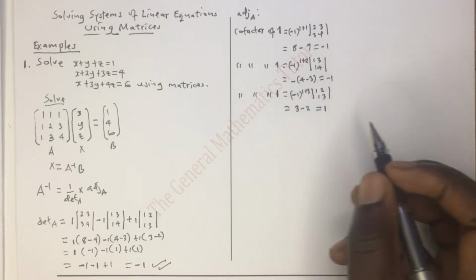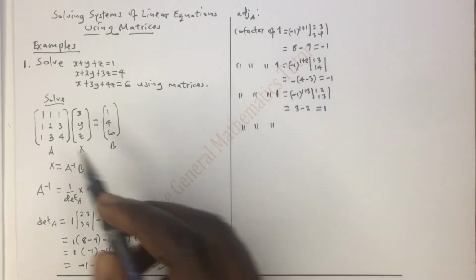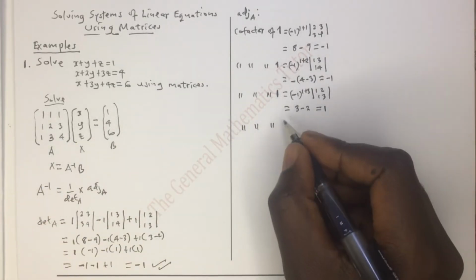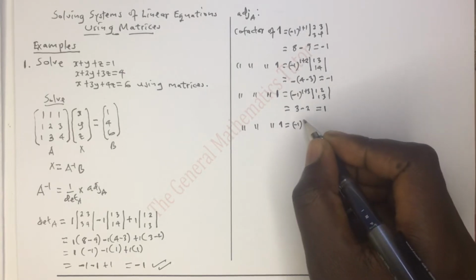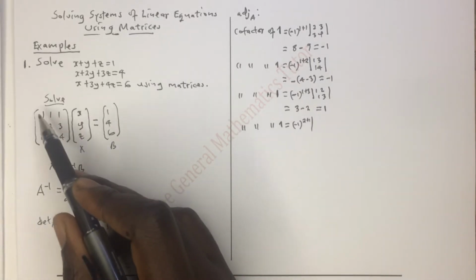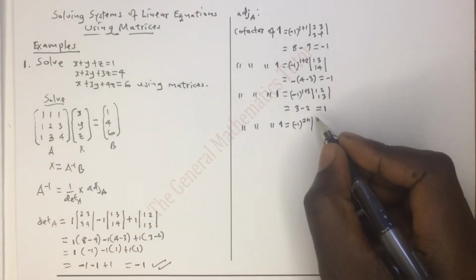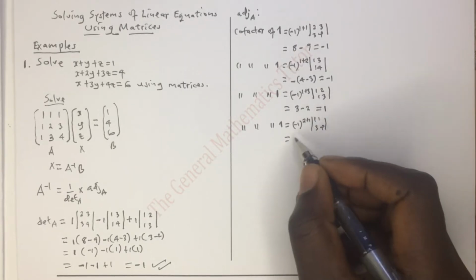Then from there, we are going to look for the cofactor of the next element, which is 1. So 1 is in row 2, column 1. You cover its row and its column, you're left with 1, 1, 3, 4. This is odd, the negative will hold.